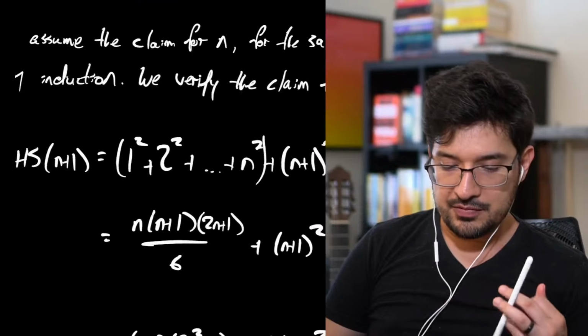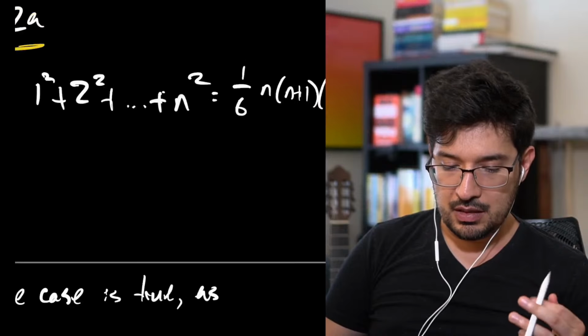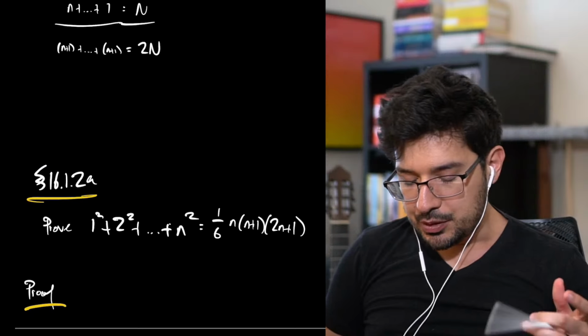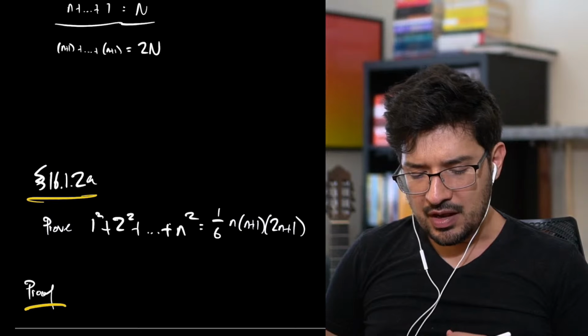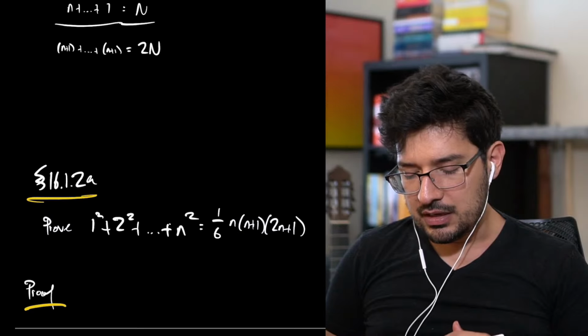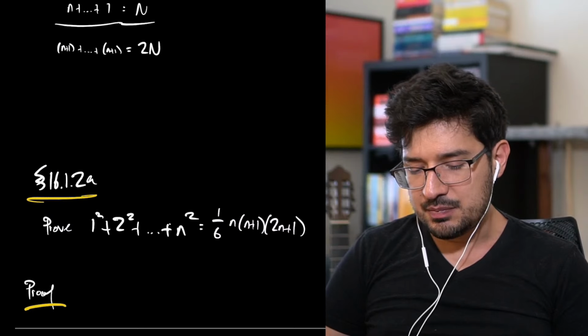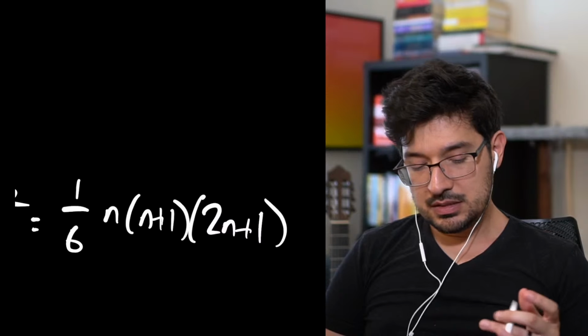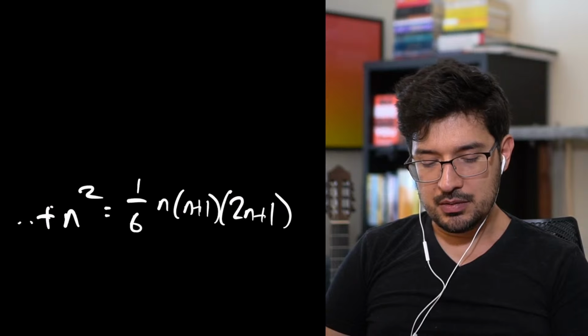The 6 dividing by 6 comes from the fact that this is what we want to prove: that the sum of squares is 1/6 times n plus 1, 2n plus 1. It's a little bit of a trickier one.